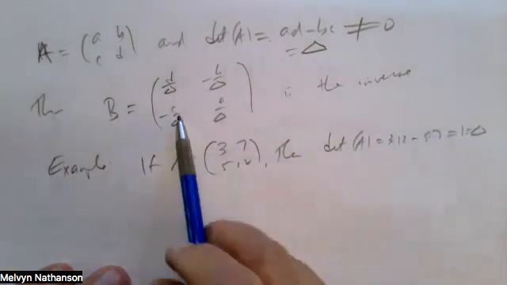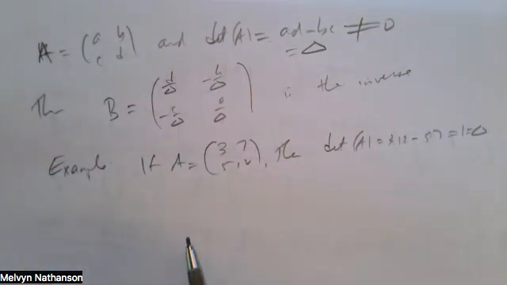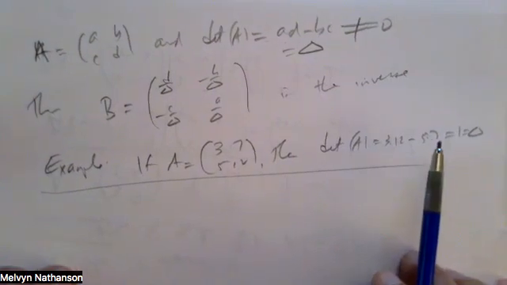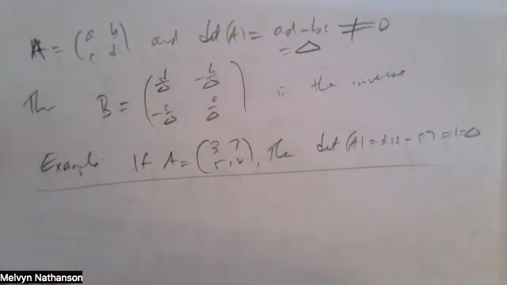That's my delta. So I'm just dividing by 1, and that made everything easy. Okay. Any questions about this? So you need to be able to just write down a 2 by 2 matrix's inverse if it has one.